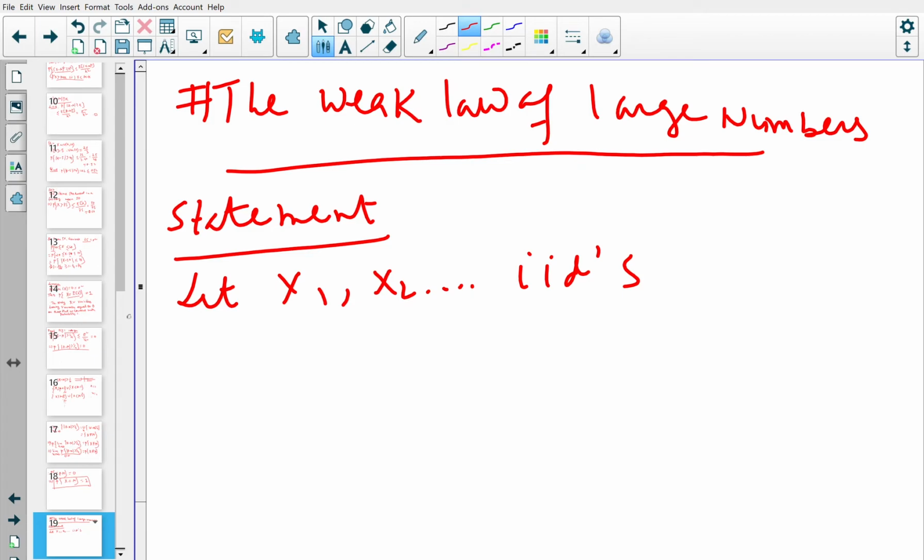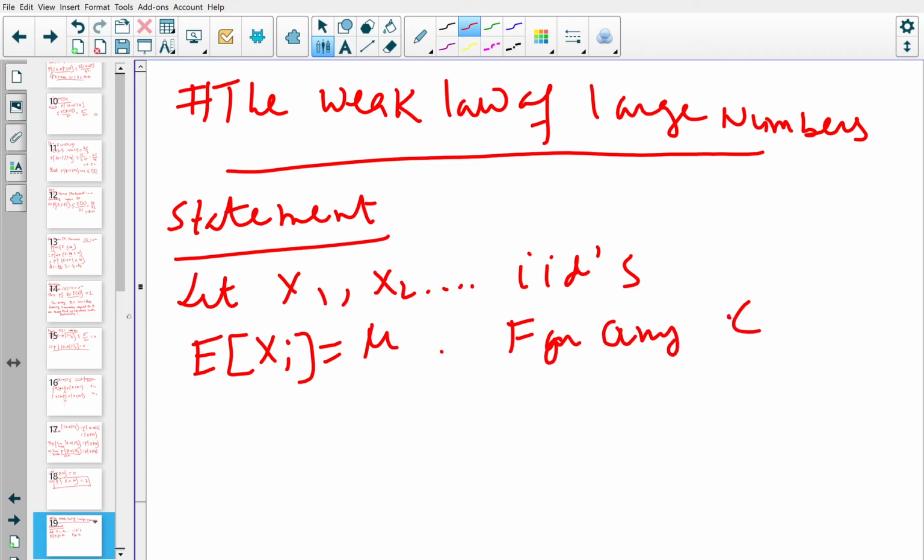Independent and identically distributed random variables. Because they are IID, they have the same mean, which is mu. Okay, so this is given. With this condition, then for any epsilon positive, what happens?